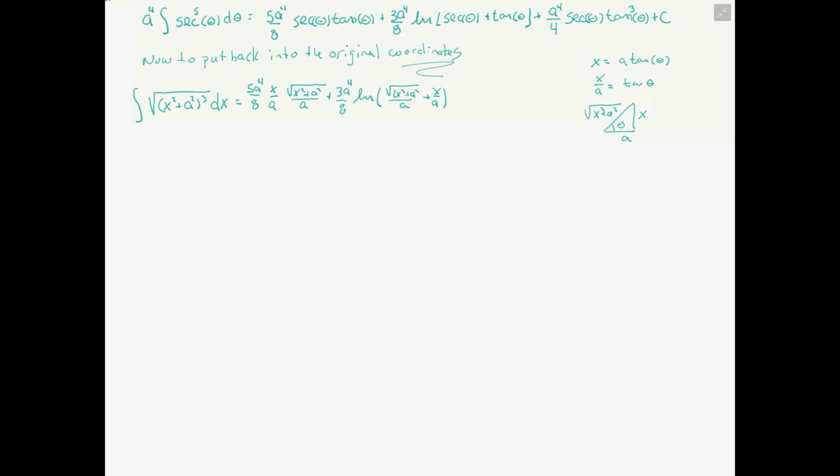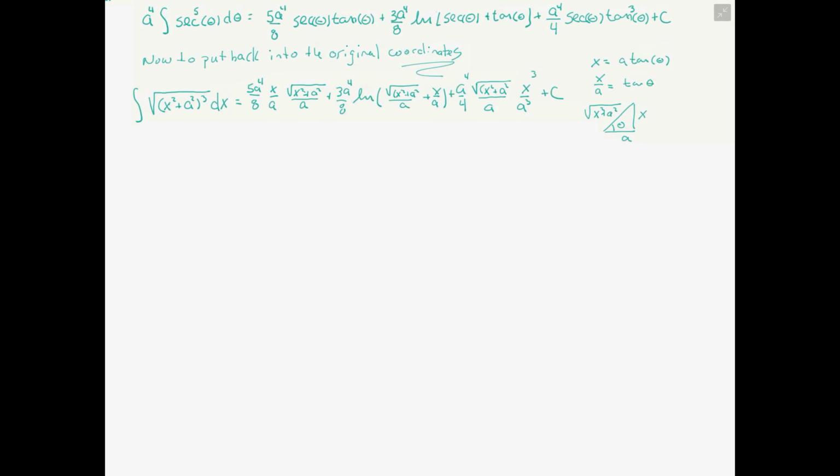And our final term, which we're going to be a little pressed for space, is a to the fourth over 4, we got the secant theta, which is x squared plus a squared under the square root over a, and the tangent, which is tangent cubed, which is x cubed over a cubed, plus our constant.